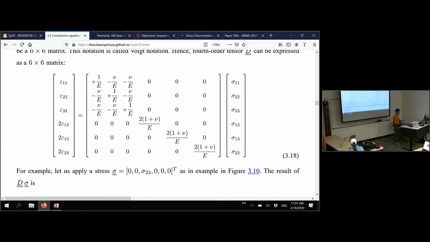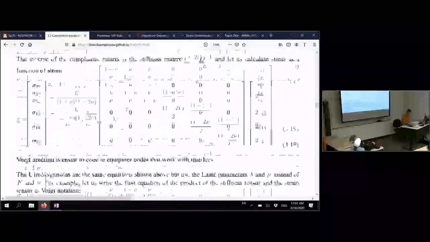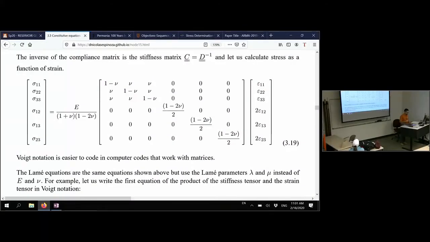And the same way, if we have strains and we want to get the output, which is stresses, then the properties of the system are here, which are the same. It's just those matrices are the inverse with respect to each other.